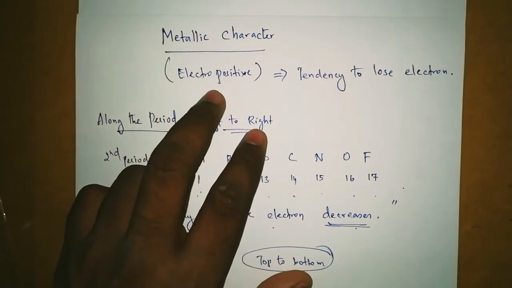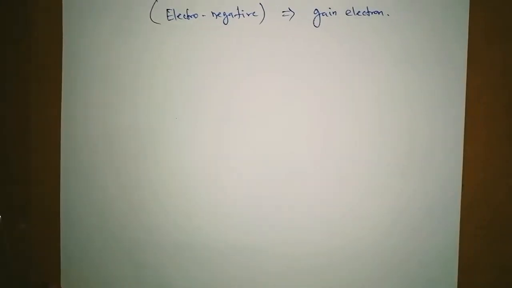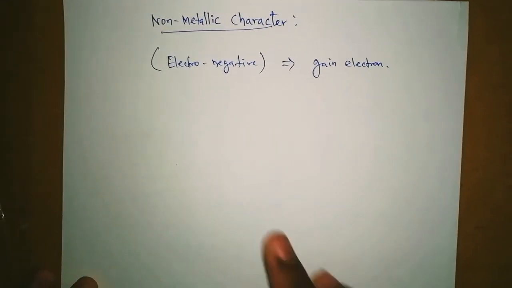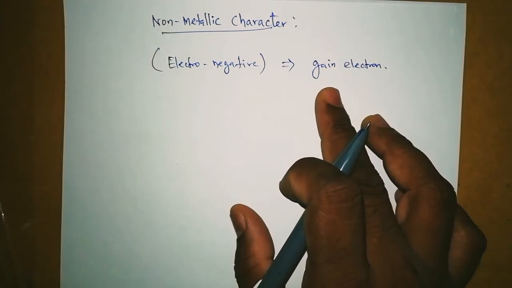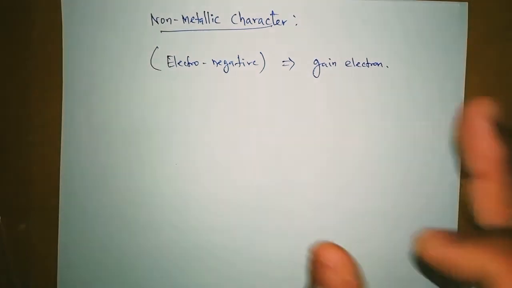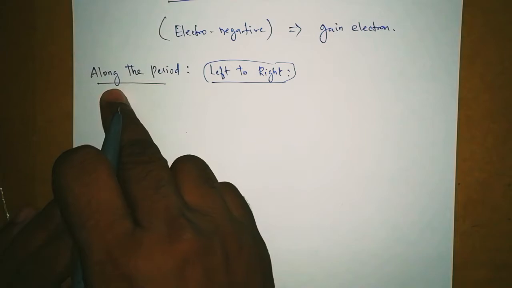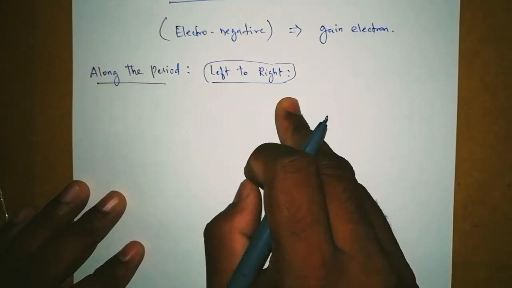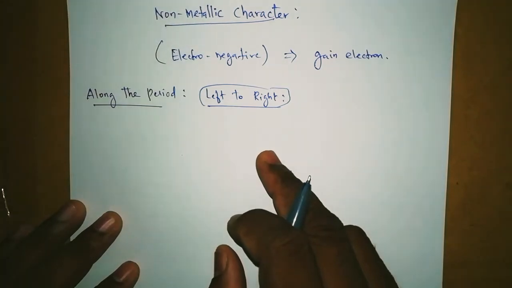And this is electropositive, metallic character, tendency to lose electron, and non-metallic character means they are electronegative and the tendency to gain electron. Okay, let's take some examples to learn the non-metallic character. Let's take the same example along the period from left to right, and see what they do.